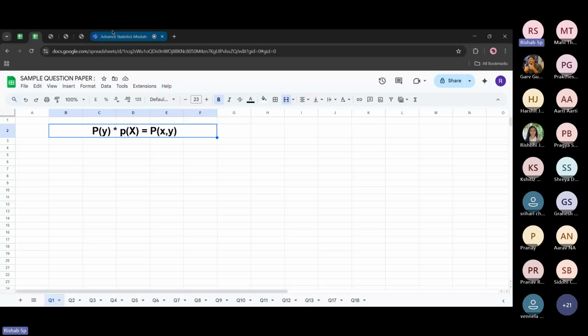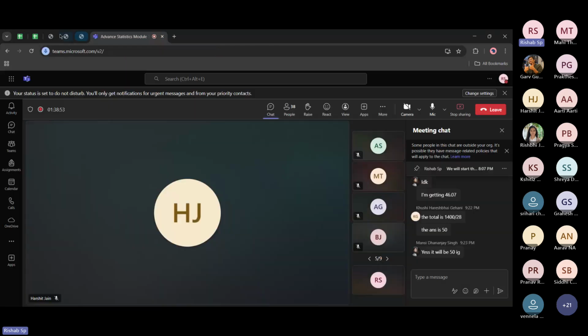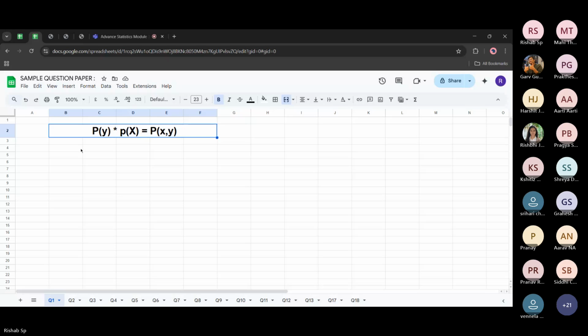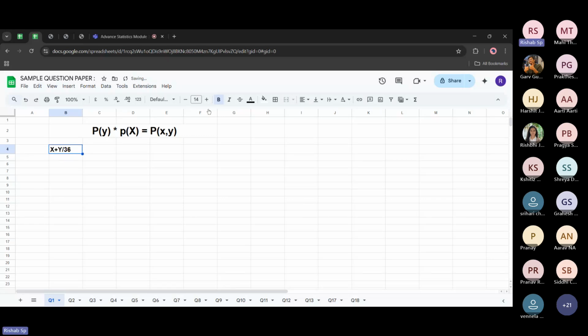So in this question, it's given that x plus y divided by 36, right? This is already given. So same as before, we build a table right here.